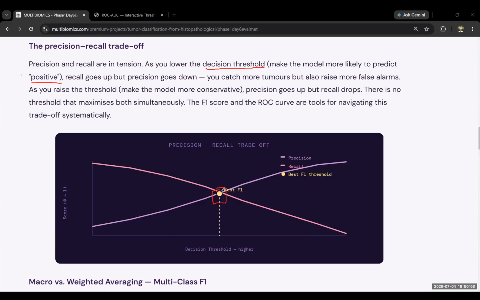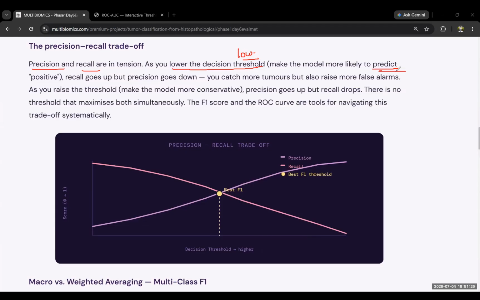Suppose your decision threshold is this number. So what happens to precision and recall? As you lower the decision threshold, the model will give you more positives.